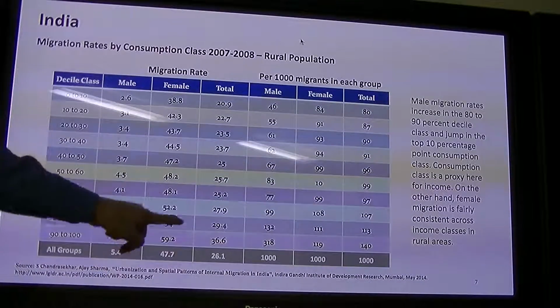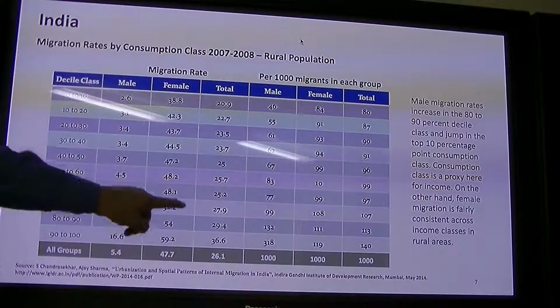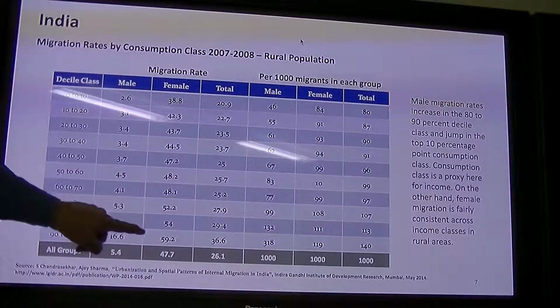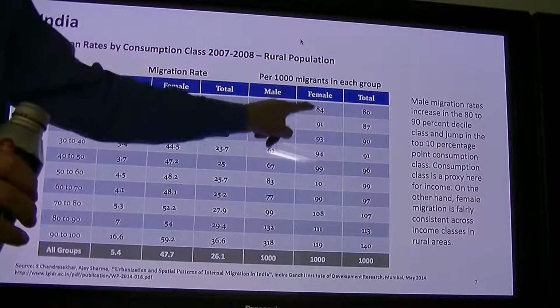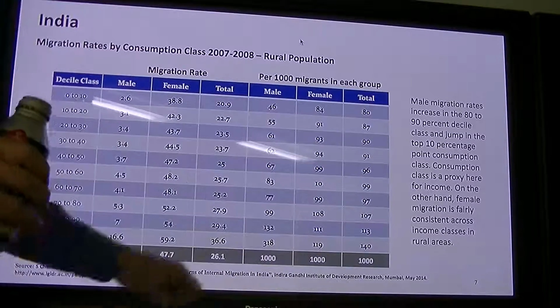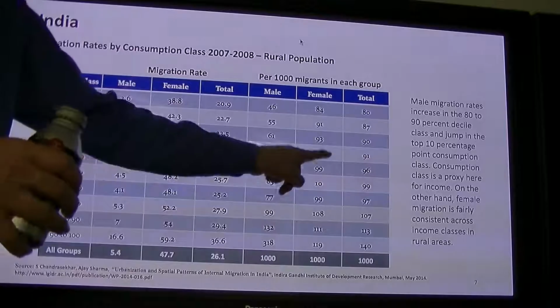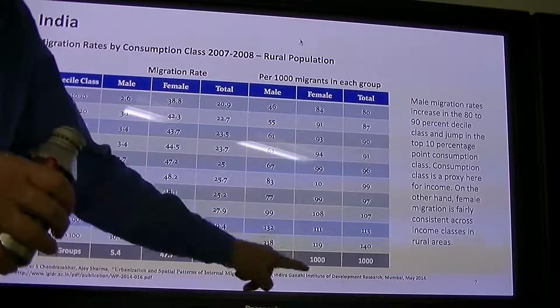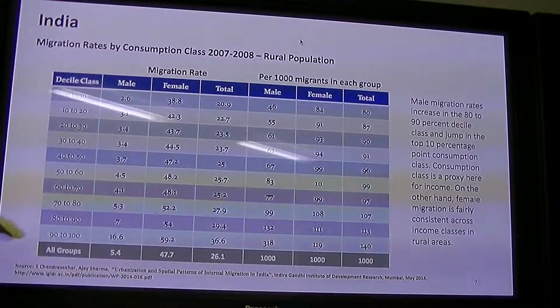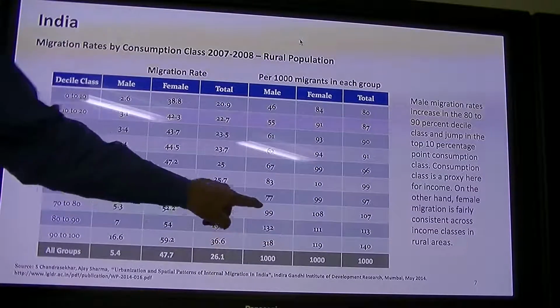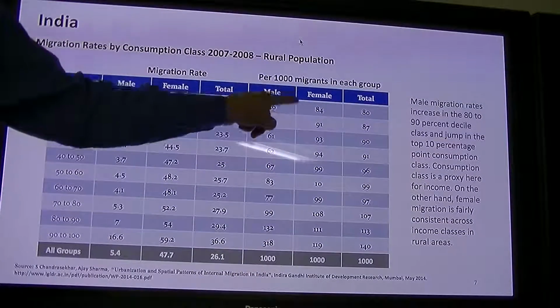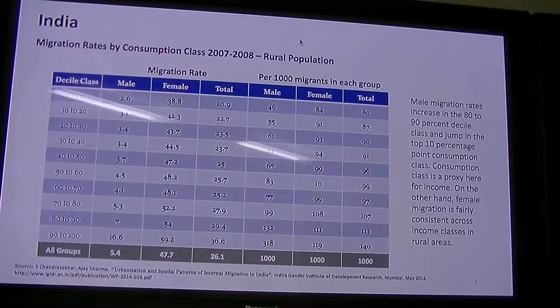Women at the higher income rates, there's a little bit more migration. This is per thousand migrants. There's just not much. Most of the men that are migrating are in the higher income, if they're migrating. For the women, it's fairly even.